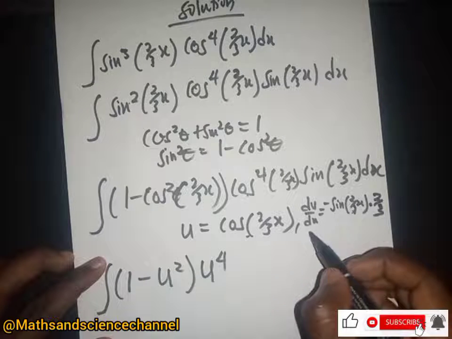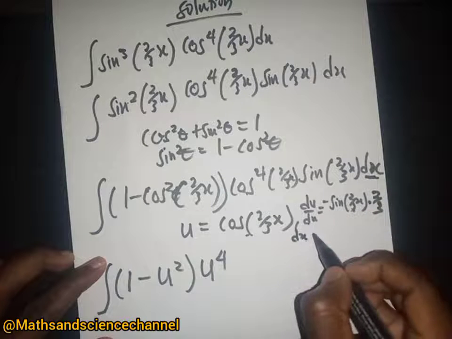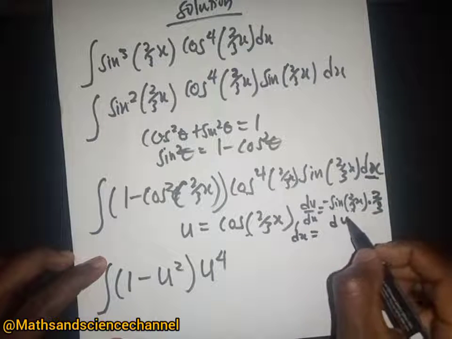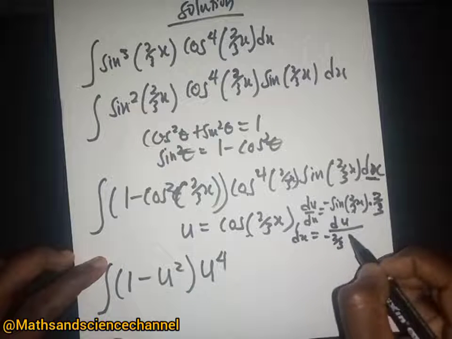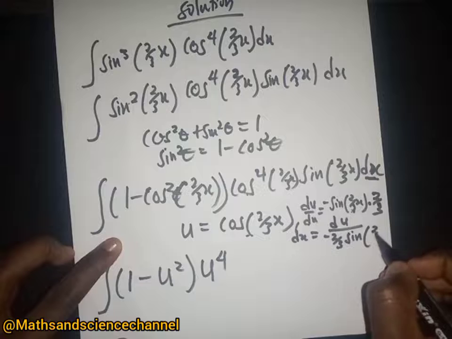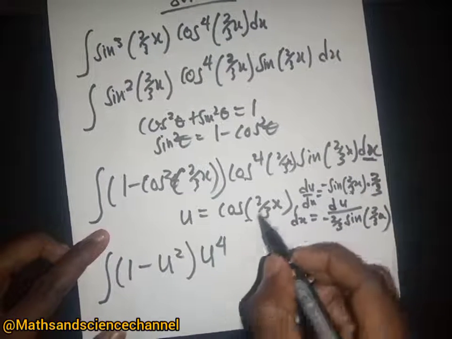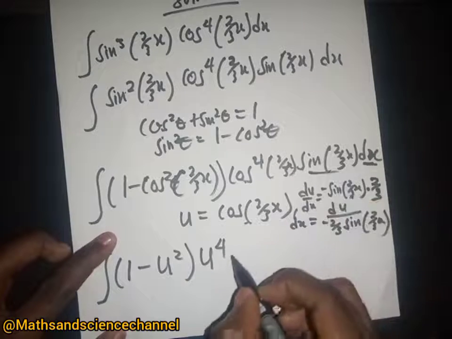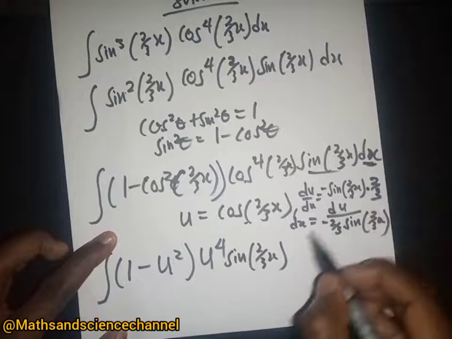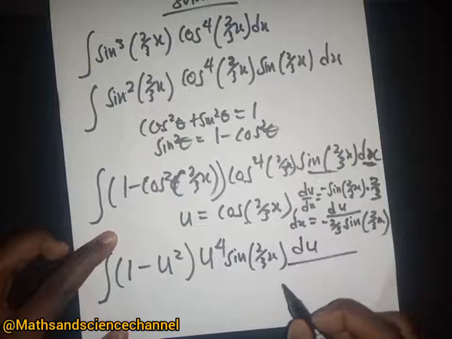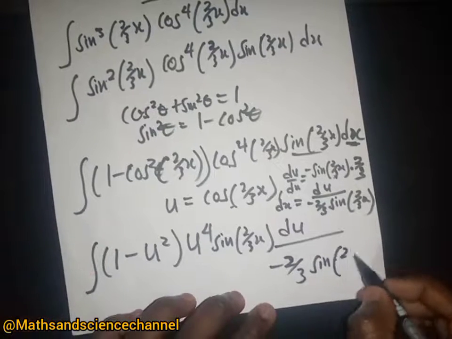Which means that dx is just equal to du divided by negative 2/3 times sine of 2/3 x.